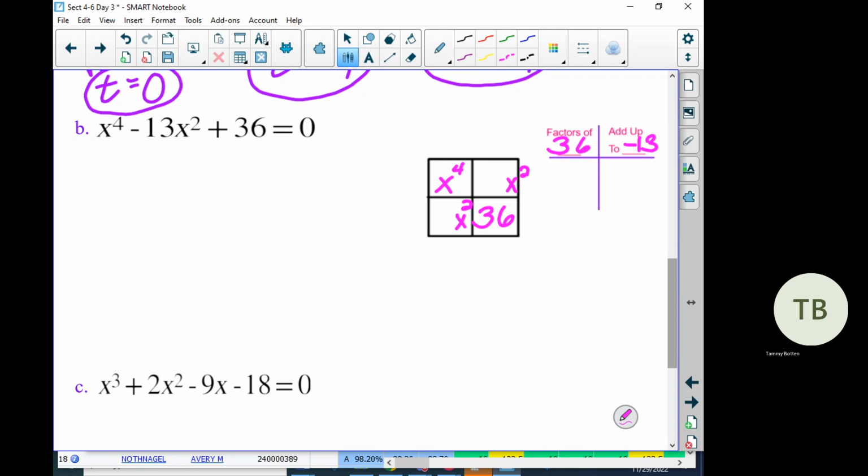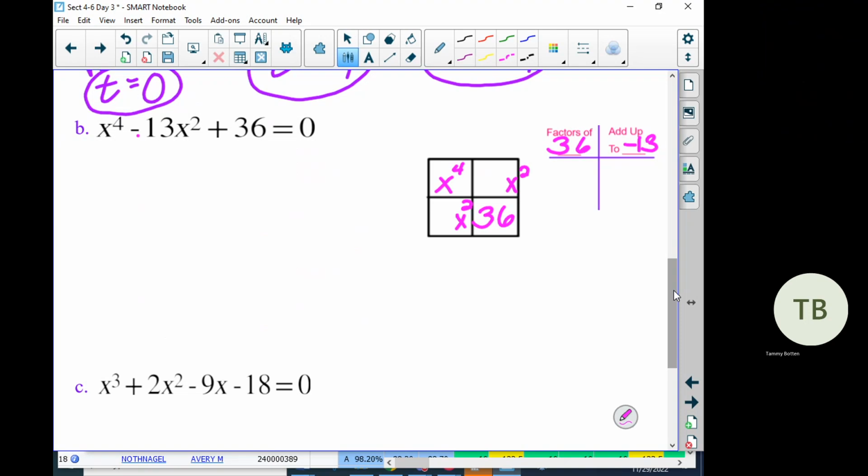Now, this one you have to remember, if you ever have a minus sign and then a plus sign when you're doing trinomial factoring, both of your factors have to be negative. Okay? You have a minus sign and then a plus, both factors have to be negative. So you're going to think of what are 2 negative numbers that multiply to give me a positive 36, and when I add them, give me a negative 13.